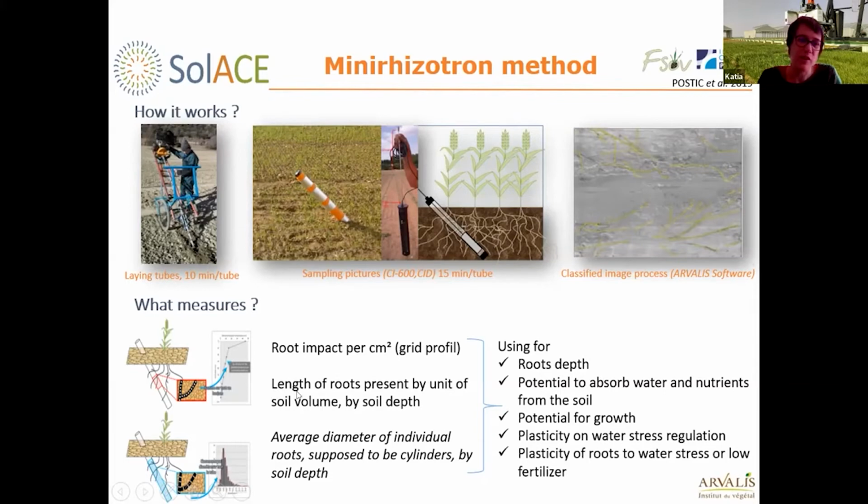Then we measure the length of roots present per unit of soil volume and soil depth, and also the average of diameters. We are using it for root depth measurement, and also during this trial to characterize the plasticity of roots to water stress and low fertilizers.